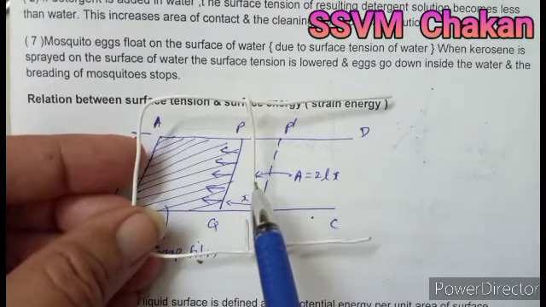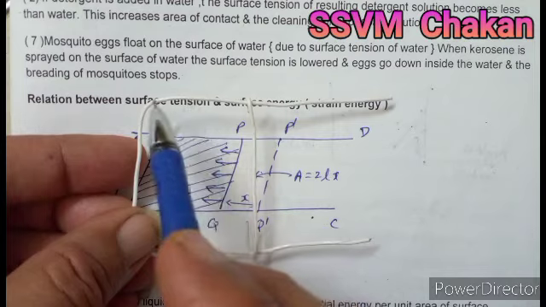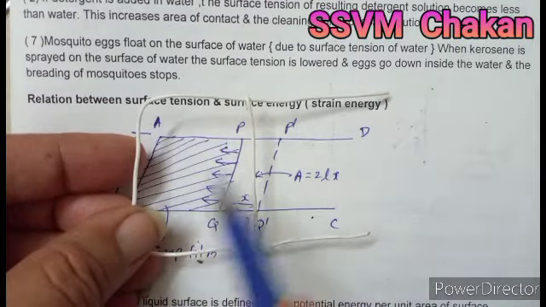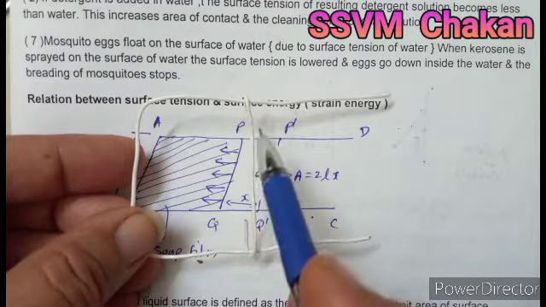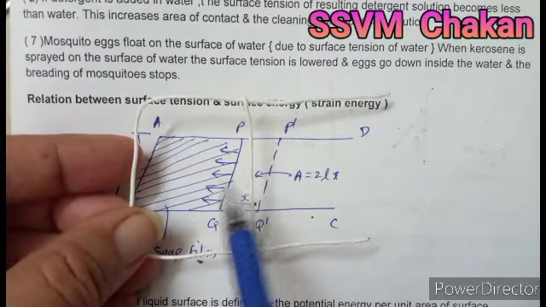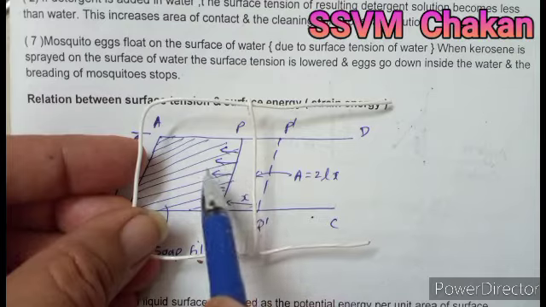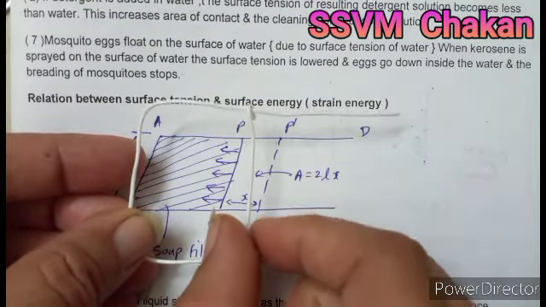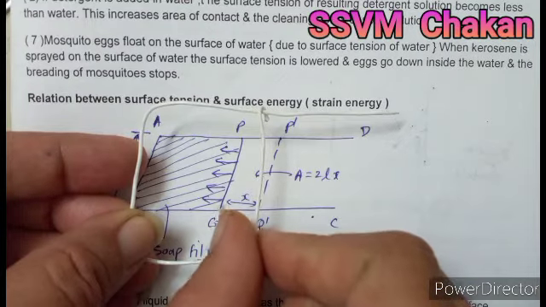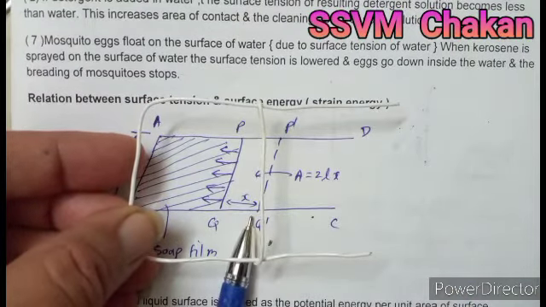This soap film applies force on this area A, B, P, Q. We consider the force acting on PQ shown by the arrows, and we slightly pull this wire PQ in the outward direction by a distance x.